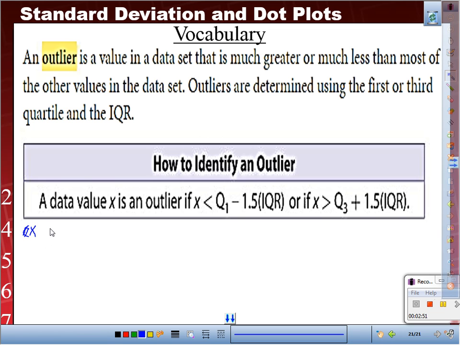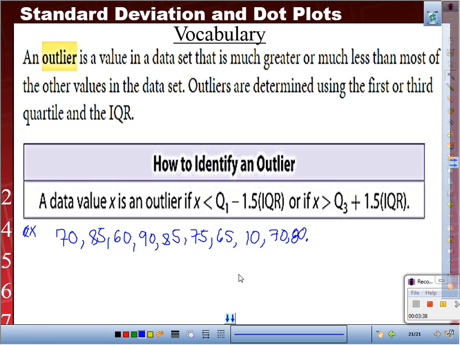So if we were to have a party tomorrow, and then all of a sudden I got those back, and here are the scores: 70, 85, write this down, 60, 90, 85, 75, 65, and then somebody scored a 10, 70, be nice, 80, and I'll stop right there.